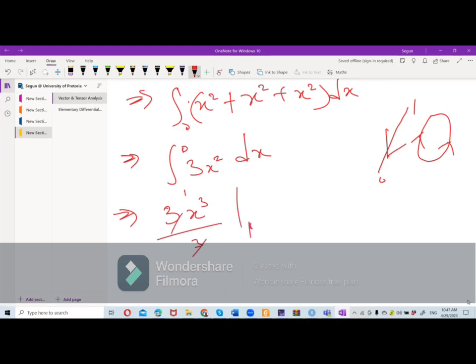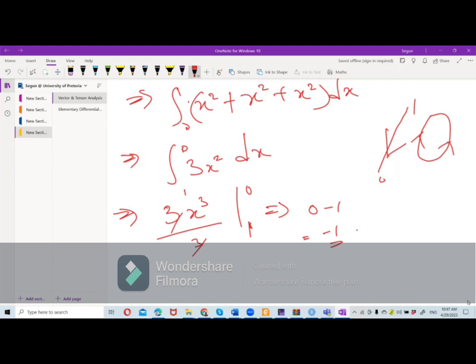You have 1 to 0, which implies 0 minus 1, which is equal to -1. So that is what we are trying to show. Is that the end? No.